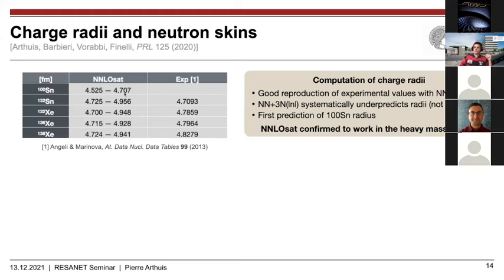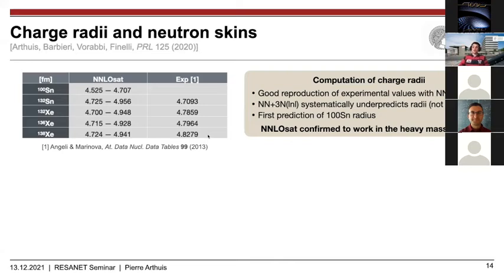And then we had some first prediction of the Tin100 charge radius. I do not show them here, but as you can expect, the local and non-local severely underpredicts all of those nuclei.